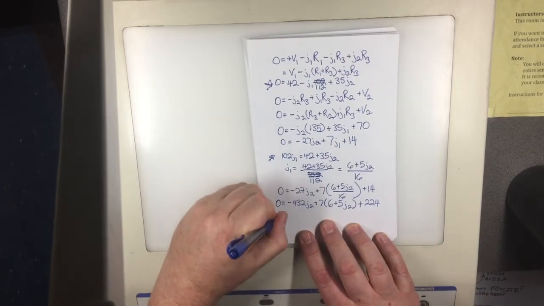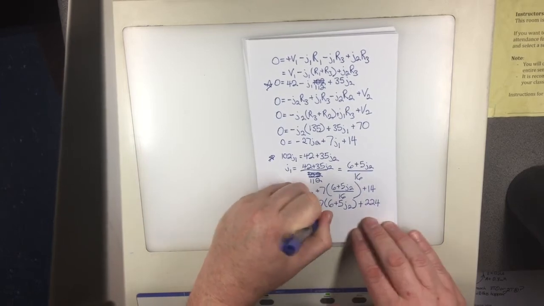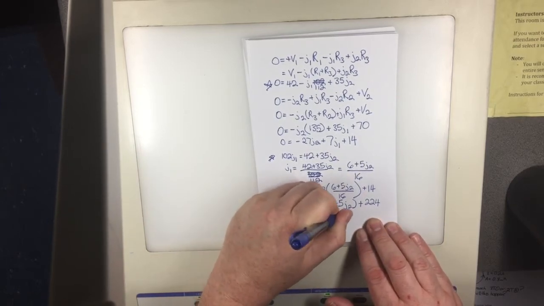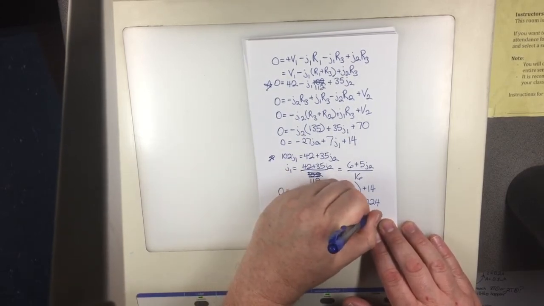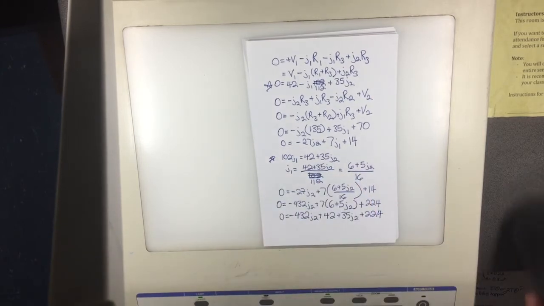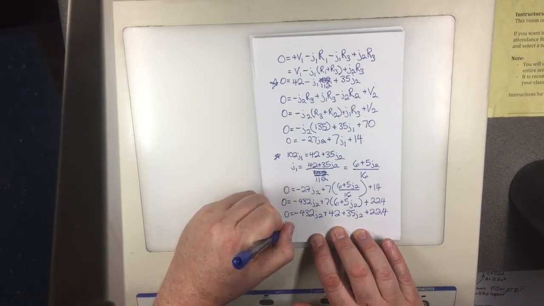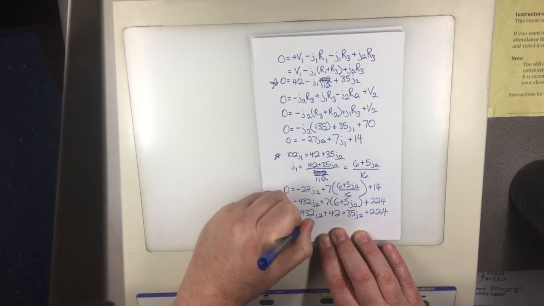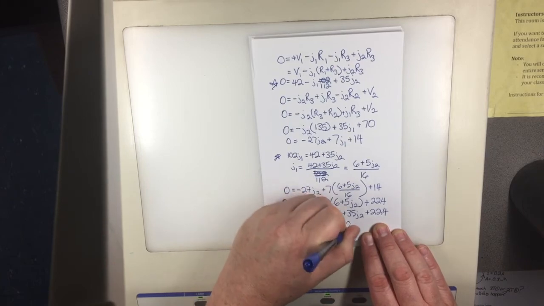Distribute. I'm going to pull my J2s over to the other side. So this is actually 432 J2 minus 35 J2 is equal to 42 plus 224.